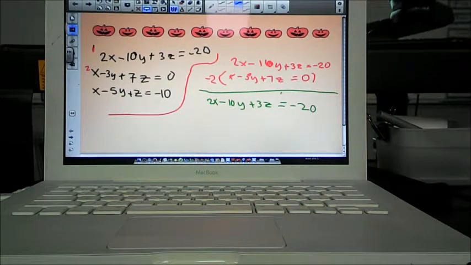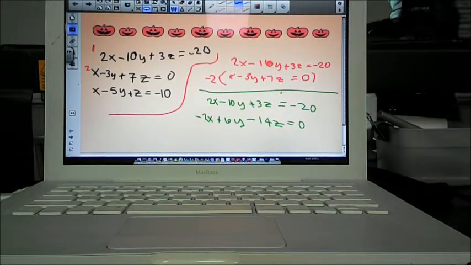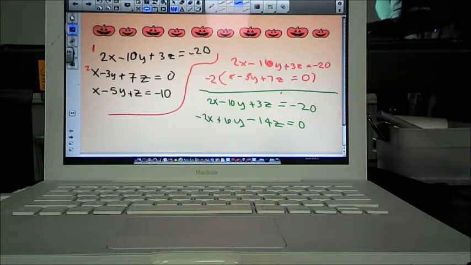And then we apply negative 2 to x and everything else: negative 2x plus 6y minus 14z equals 0. Because, of course, 0 times negative 2 will always be 0.